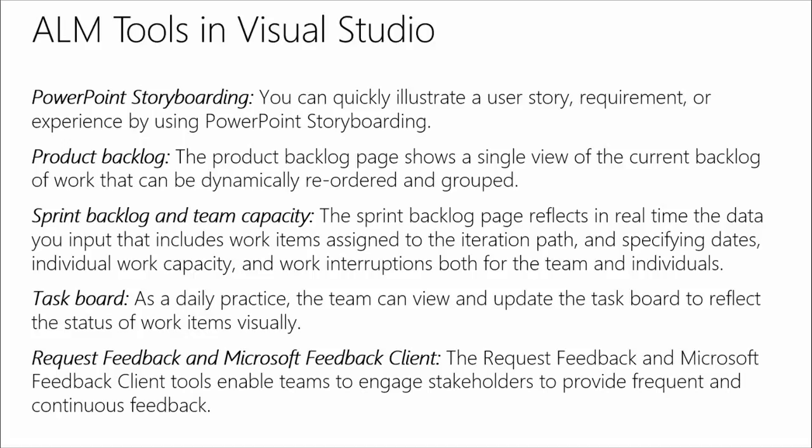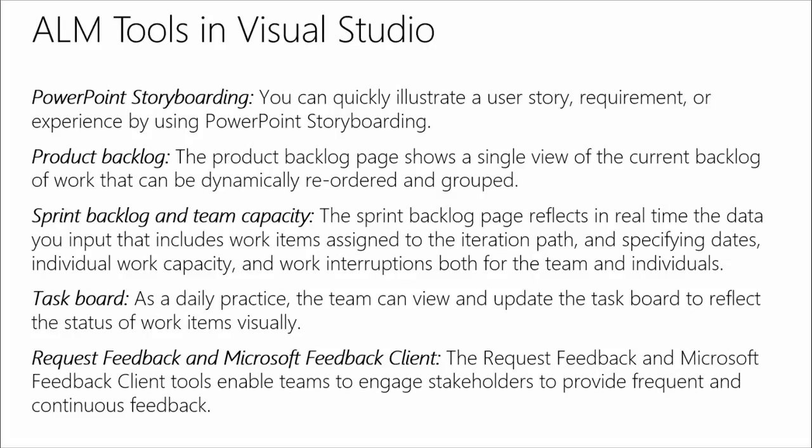So we'll quickly talk through some of the ALM tools in Visual Studio. You've got PowerPoint storyboarding, which illustrates your user story. You've got your product backlog, which shows a single view of the current backlog, your sprint backlog and team capacity. This reflects real-time what your backlog is and against your capacity.